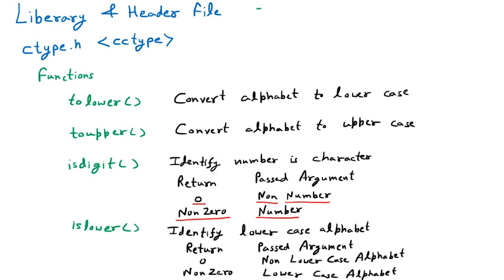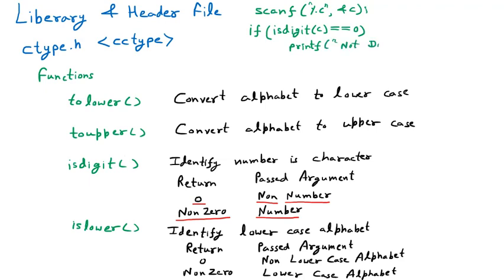Let us suppose that I am taking an input from the user with scanf, with %c for the character value, and storing it in a variable c. Inside that I am taking the input from the user and I am saying if whatever the user enters is a digit, if isdigit of c equals 0, then we have to printf "it is not digit".